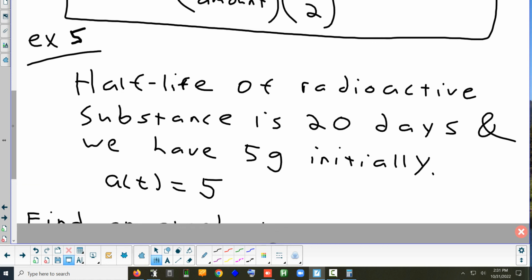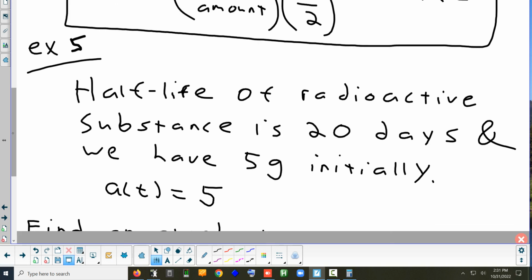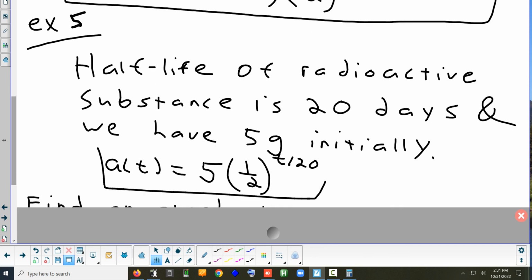The initial amount is divided by a half or times a half? Times a half. And then maybe t by 20 or something like that. And then the exponent is t over 20. So the exponent has to be the number of half-lives that have gone by. So if it's 40 days, that's 2 half-lives. Okay, so there's our formula.